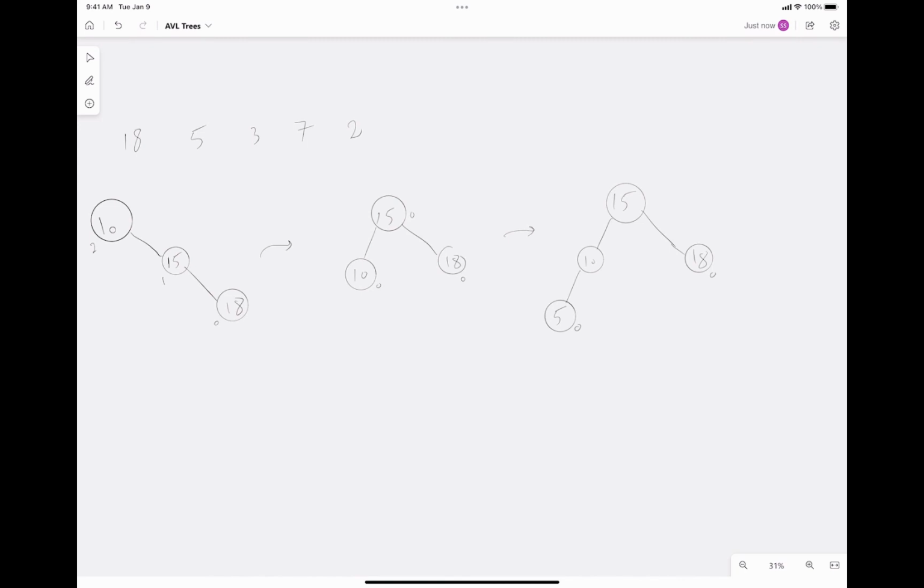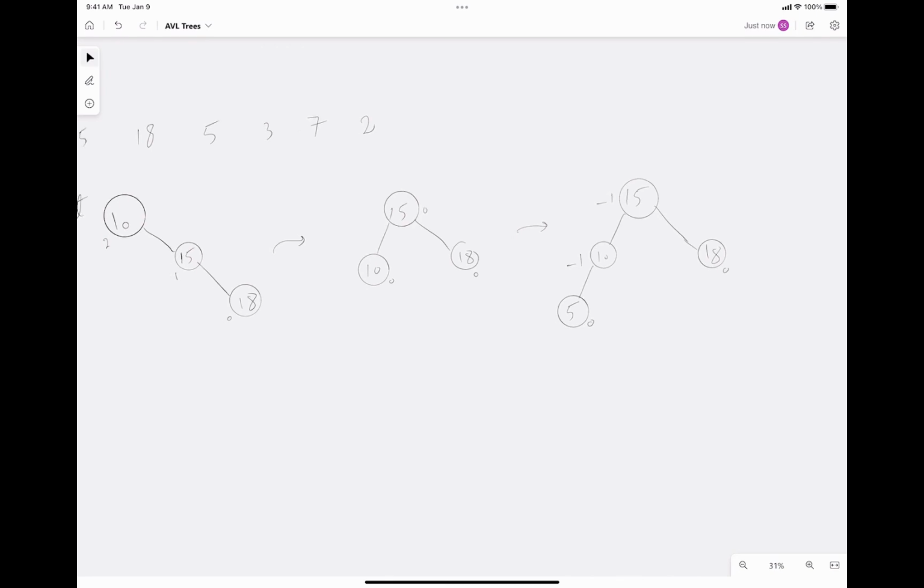For 10, the balance factor is -1, because the difference between the height of the right and left is -1. For 15, the balance factor is also -1, because we're deducting the left height from the right height. So far so good. There's no need to do any rotation because the balance factors are not 2 or -2.